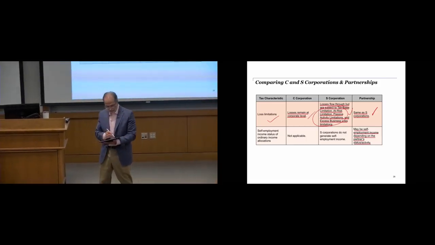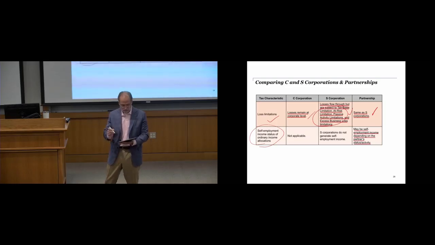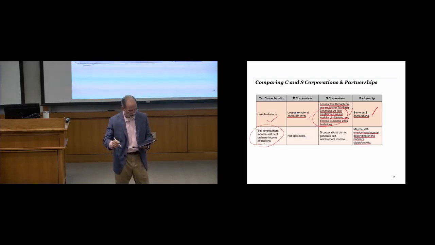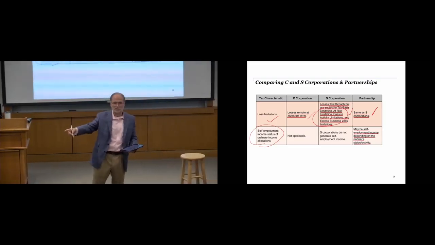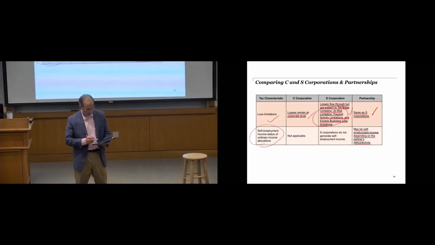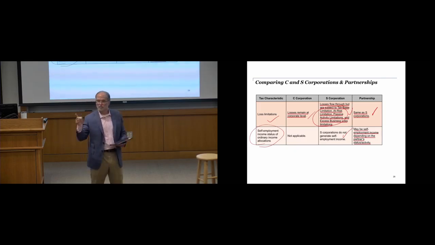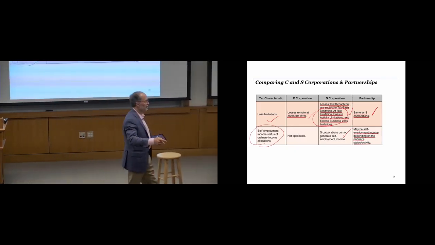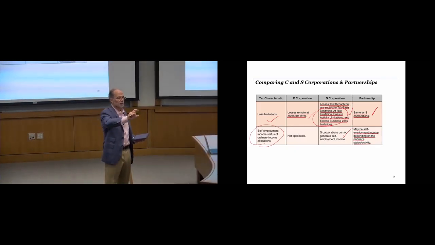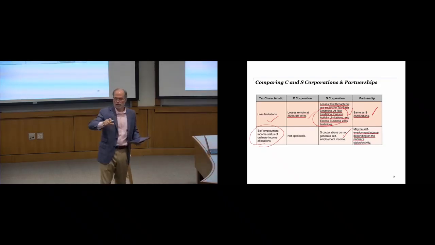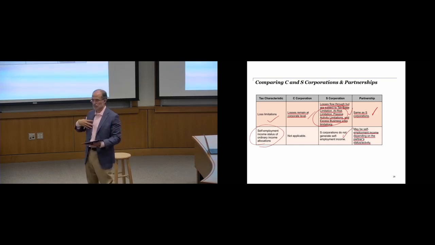Okay. Self-employment income, we didn't talk a ton about that in individual, but obviously not applicable in a C corporation, separate taxpayer. S corporations do not generate self-employment income. So when we did talk about self-employment income, remember that's the Social Security and Medicare aspect, but there's no employer-employee relationship because you're self-employed.